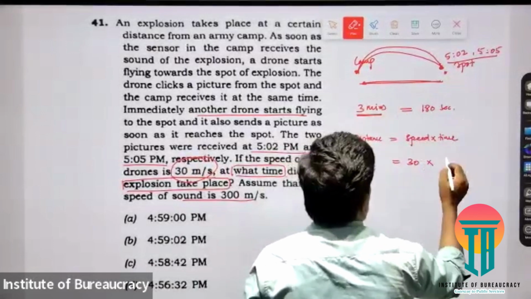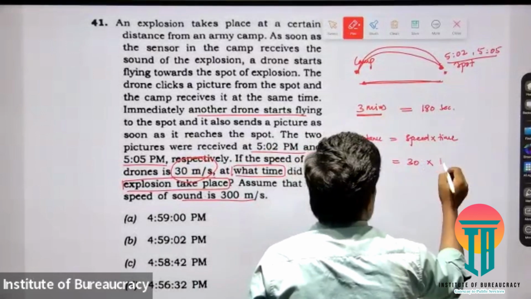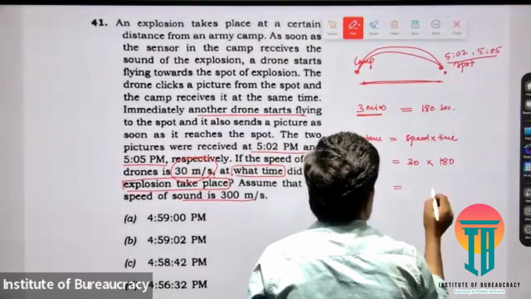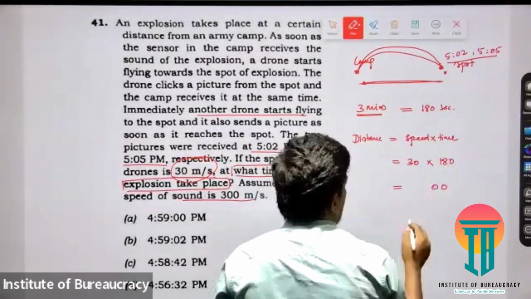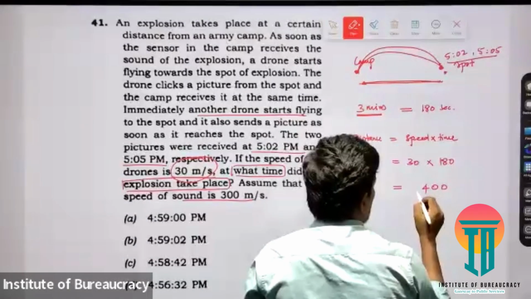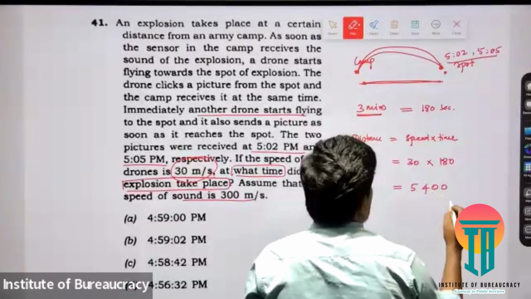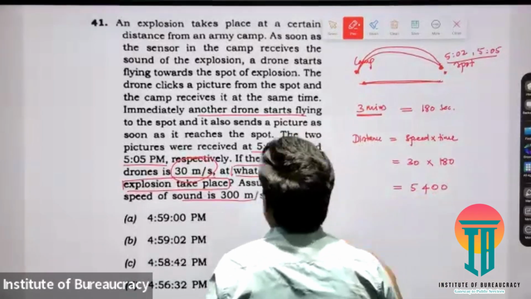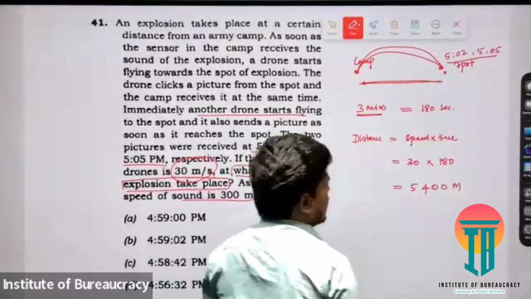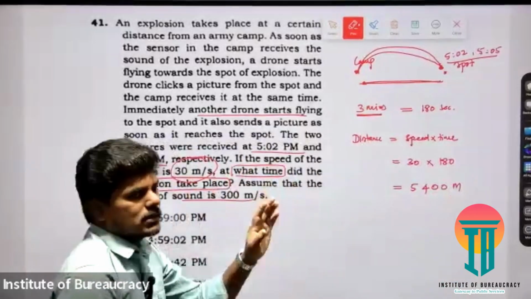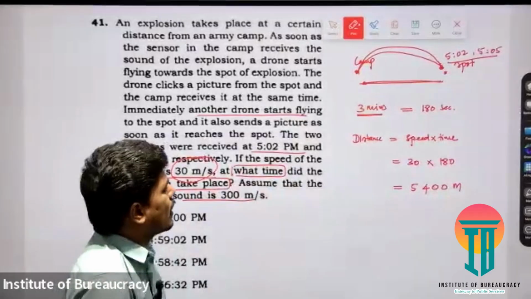Time taken to reach there is 3 minutes, which means 180 seconds. So this is going to be 5,400 meter. This much meter, 5,400 meter, is the distance.